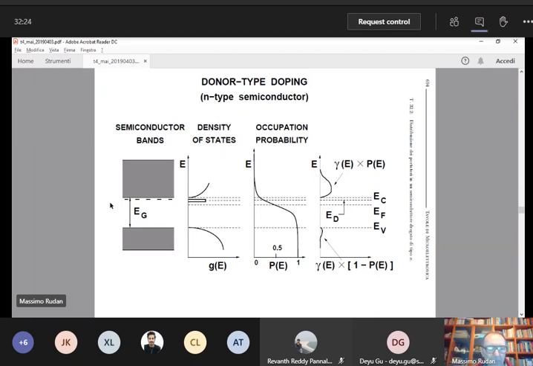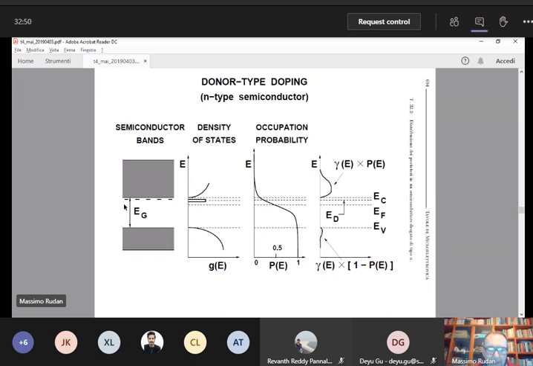You remember, when we introduce a phosphorus atom in the semiconductor, this atom is globally neutral, okay? And when, for instance, we are at 0 Kelvin, the phosphorus atom does not ionize, so it stays neutral, okay?